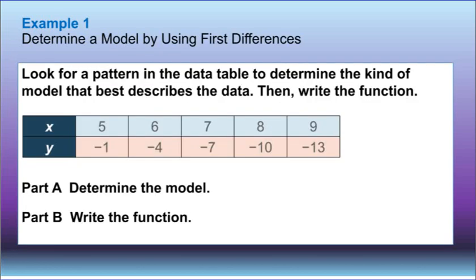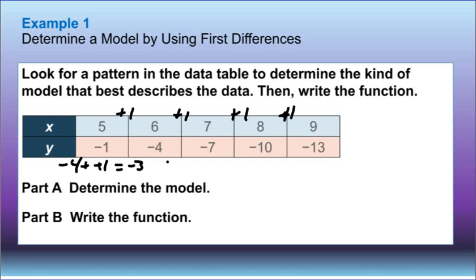An example: look for a pattern in the data table to determine the kind of model that best describes the data. Then write the function. So here, my x's are increasing by 1, which is what we want to see. Now, if I subtract, so I have -4 minus a -1, that means this is a -3.